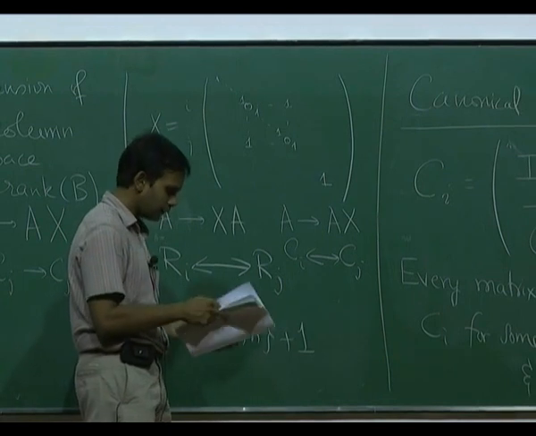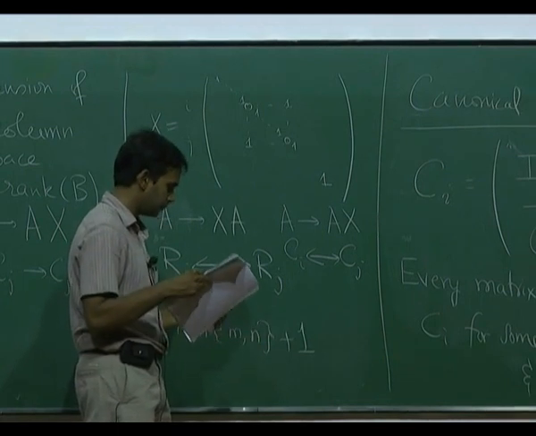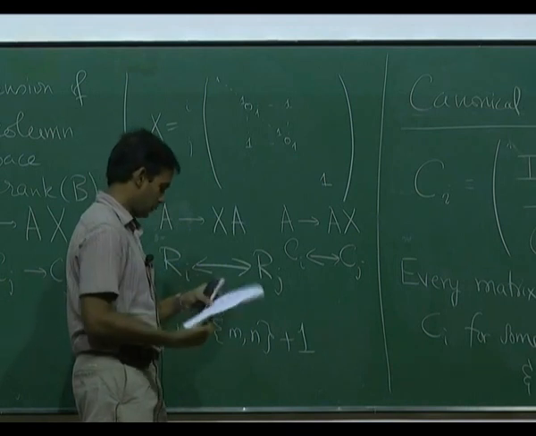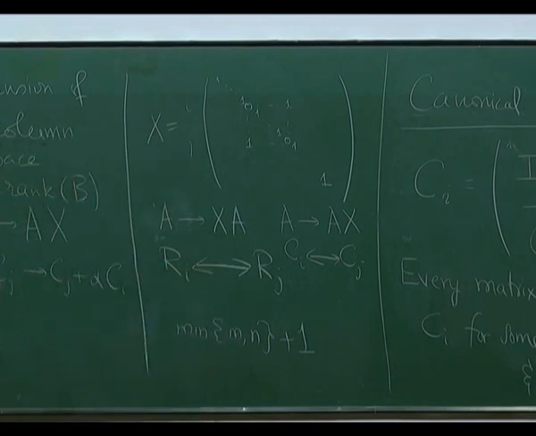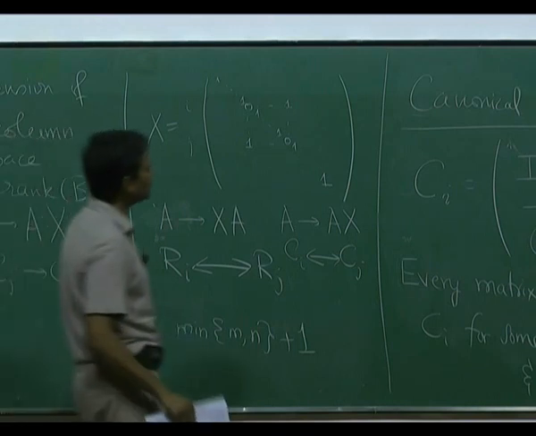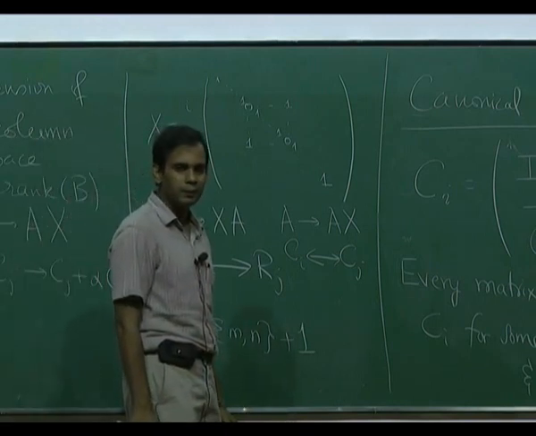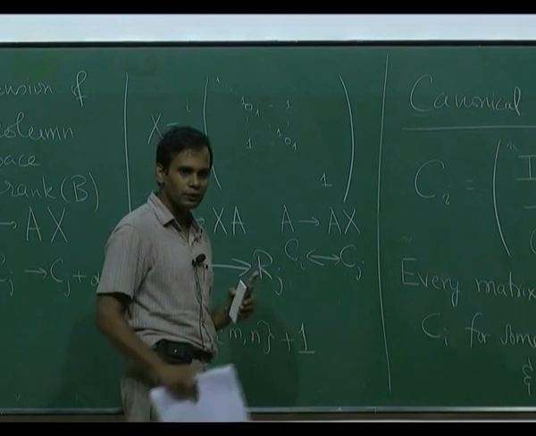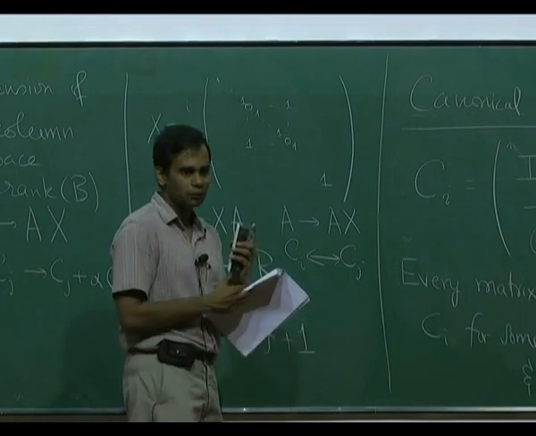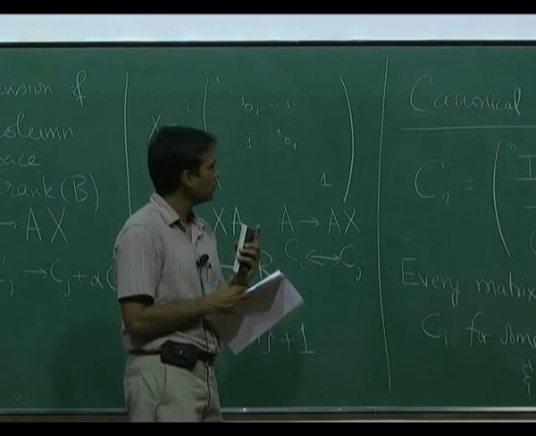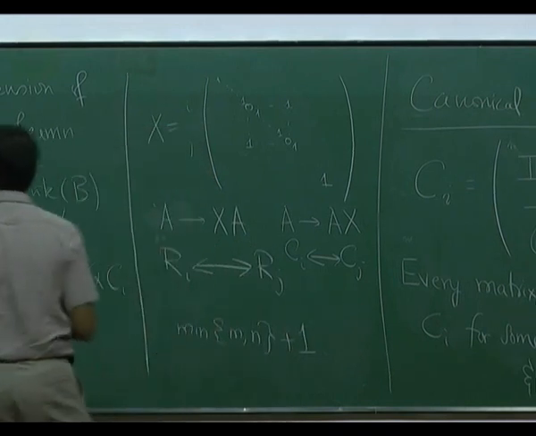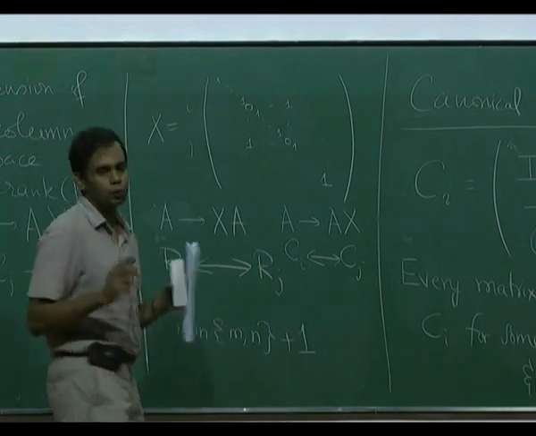Okay, one interesting consequence of this calculation is that suppose you start with a non-singular matrix. What is the meaning of non-singular? It has an inverse. So in particular it must be a square matrix.